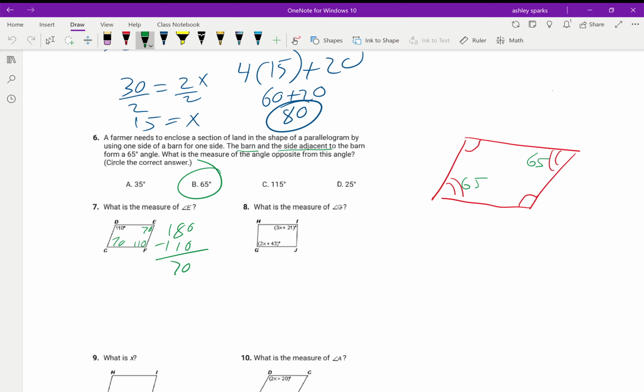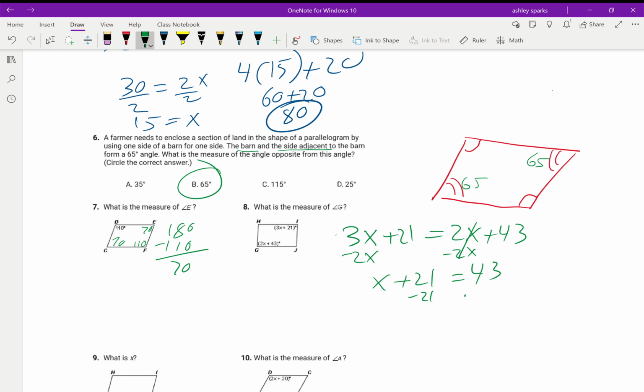For my next one, in number 8 here, I know that both of those angles are equal to each other. They're the same. So this is back to a solving problem. 3x plus 21 will equal 2x plus 43. Again, I always like taking my small x to the other side if x's are on both sides. So that's going to leave me with x plus 21 equals 43.